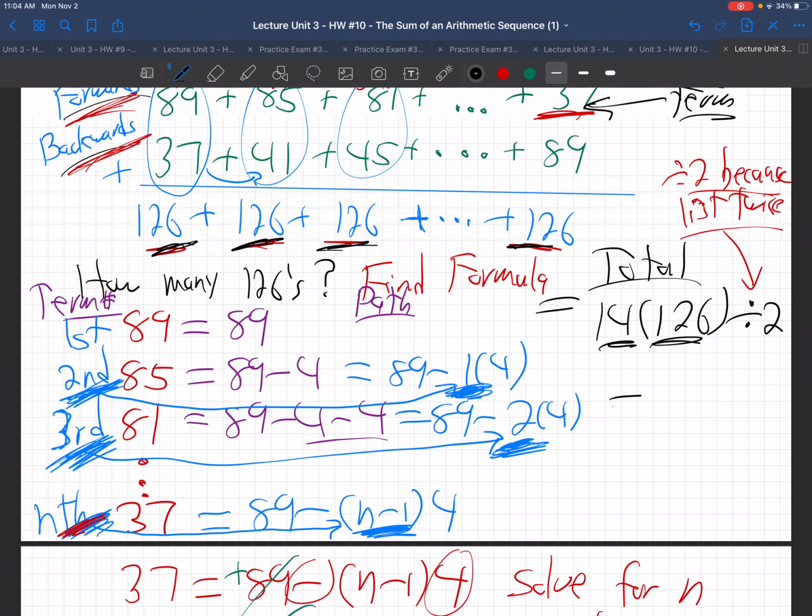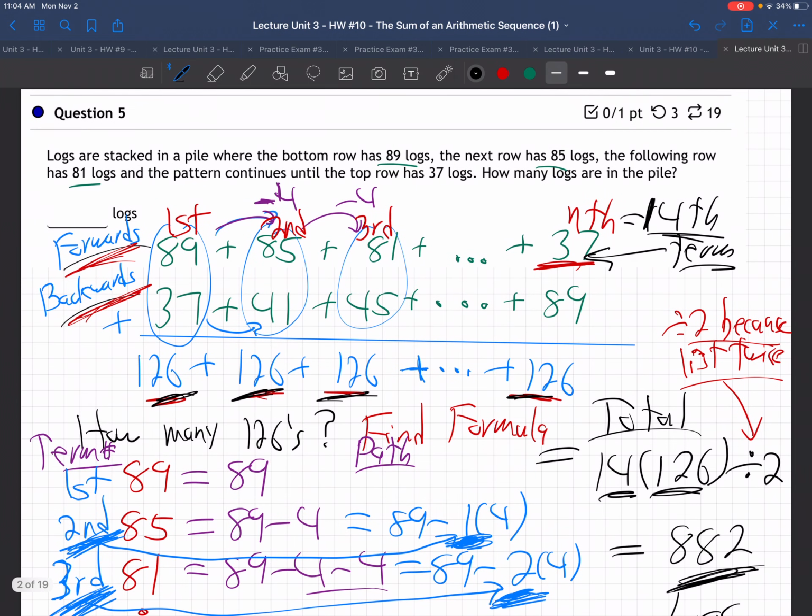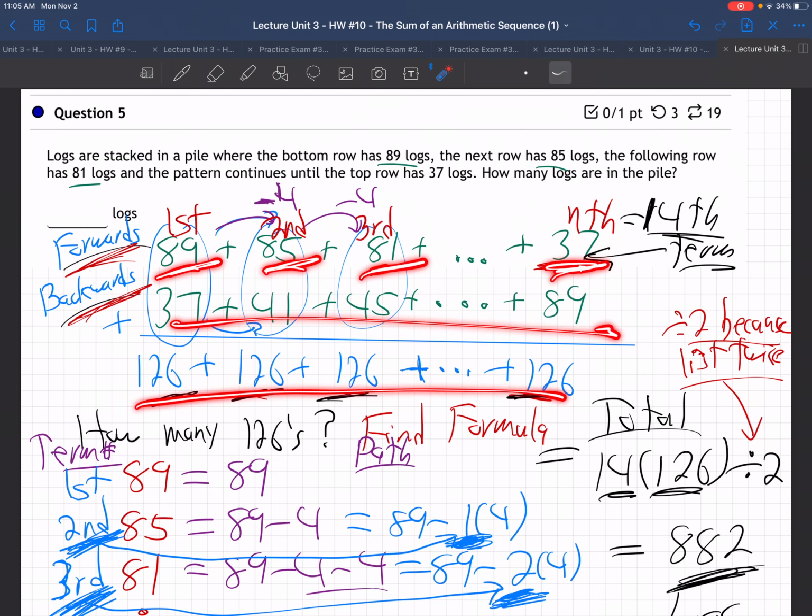So what do we get? Let's see. I'm getting 882. So the total number of logs must be 882. So recapping, how do we do that? We basically have to add up 89, 85, 81, all the way to 37. So we reverse the list and added them up. It's a bunch of 126s.